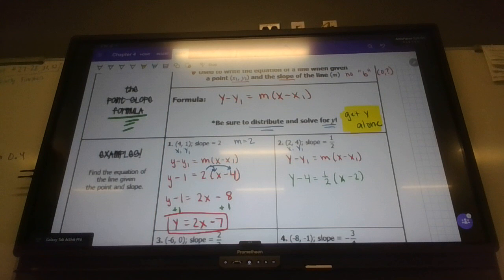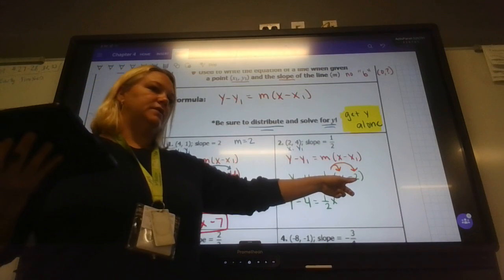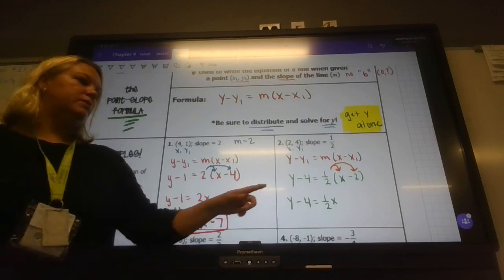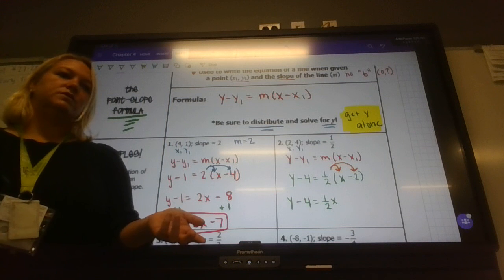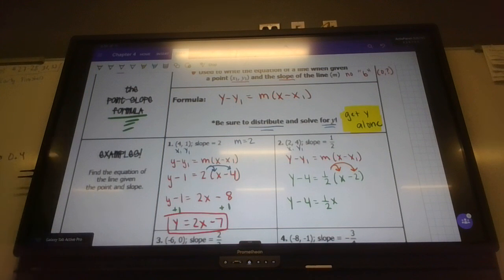Distribute. Next up, distributive property. So this time we have to multiply by 1/2. It's not as much fun. 1/2 times x is written 1/2 x. And if you want, in your calculator, do 1/2 times -2. If you want to use your calculator to help you with distributing, you can do 0.5 times -2.